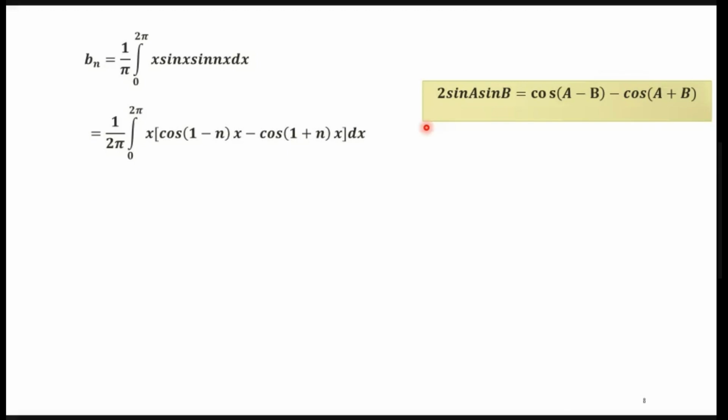Just applying the formula cos of a minus b minus cos of a plus b. उसमें हमने a plus b और a minus b निकालने के बाद x को common निकाल दिया. That's what we have done here. Now take x inside. So x into cos of (1 minus n) into x minus x into cos (1 plus n) into x dx.